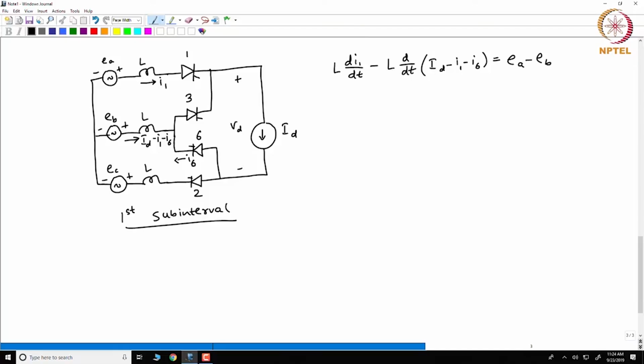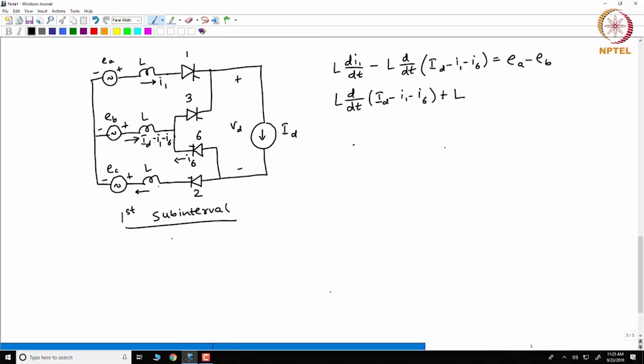If I take the second loop and apply Kirchhoff's voltage law, I get L d by dt of (Id minus I1 minus I6) minus L, if I take in this direction, what is the current here?